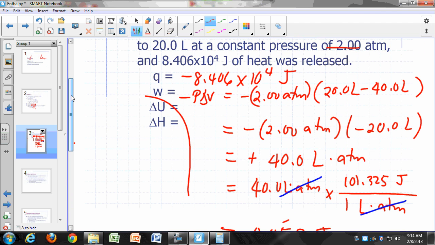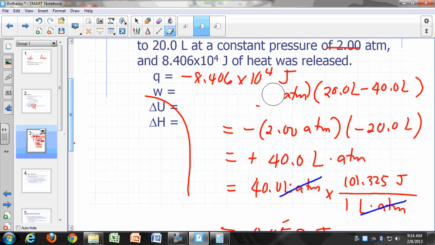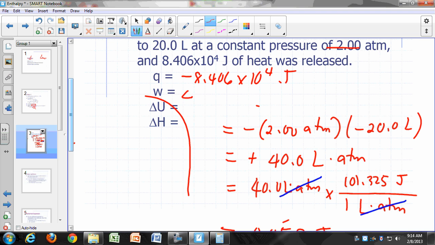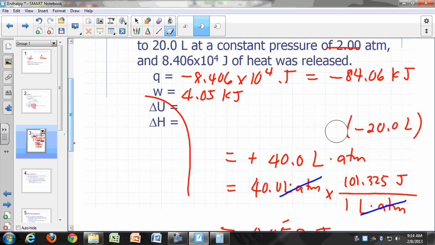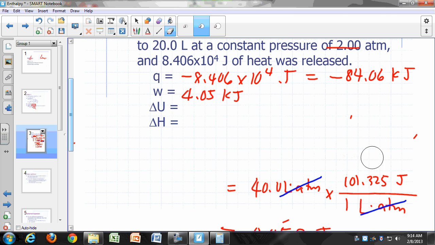Do we have enough information to calculate delta U now? We now have a value of positive 4.05 kilojoules for W. And our Q would be negative 84.06 kilojoules, right? Let's put everything in kilojoules. So what's our delta U?